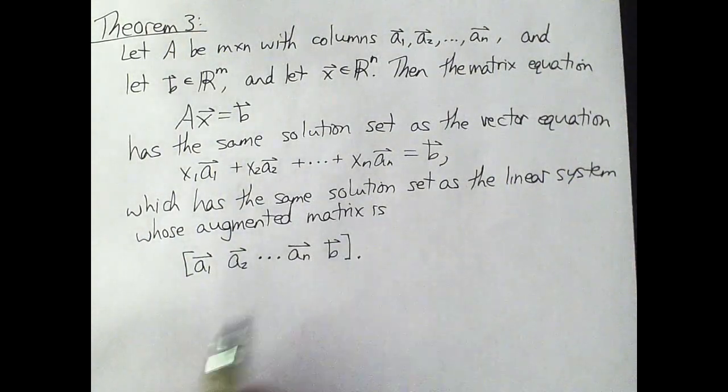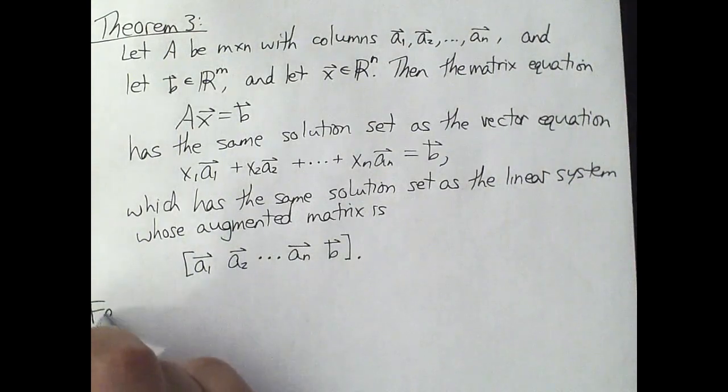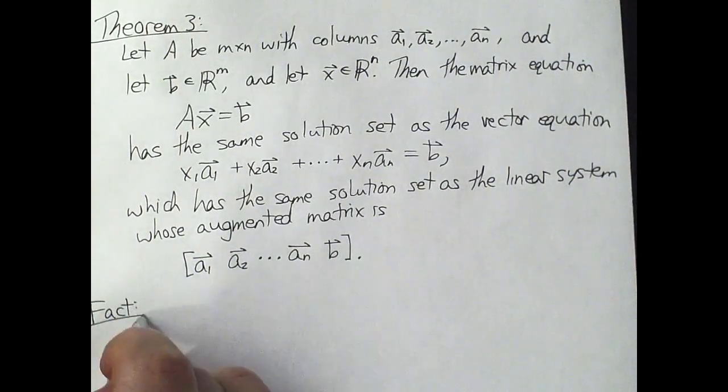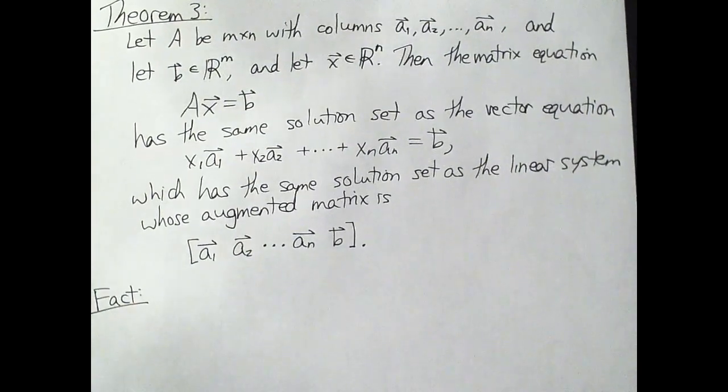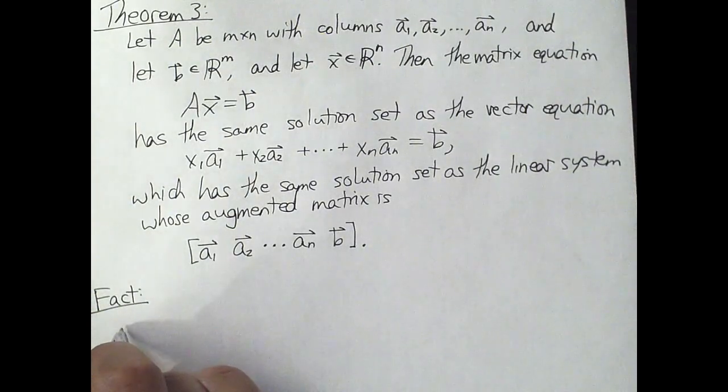I want to follow this theorem with a fact, and this fact, I think, could be viewed as a corollary. Sometimes we say corollary in math when we have a fact that follows immediately from a theorem. This one is just labeled fact in the book that I'm looking at, but it could be called a corollary.